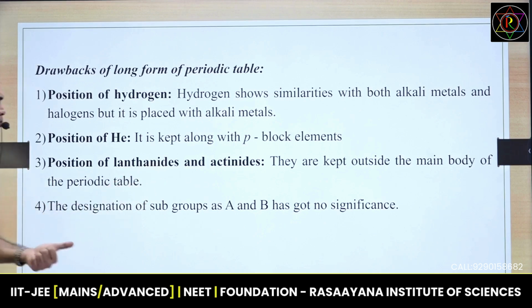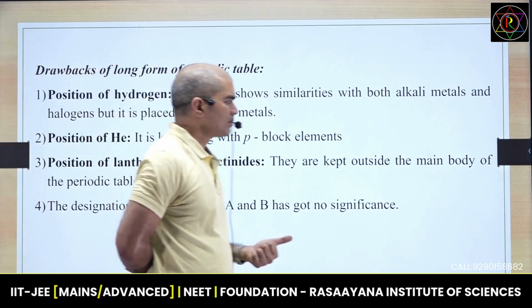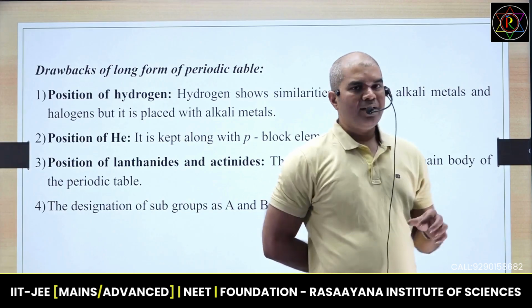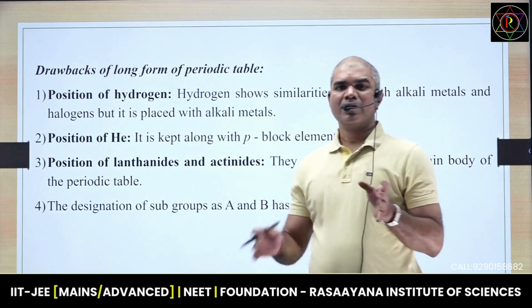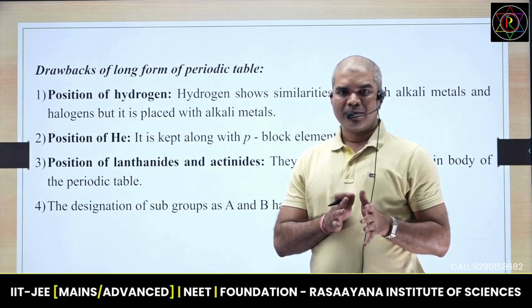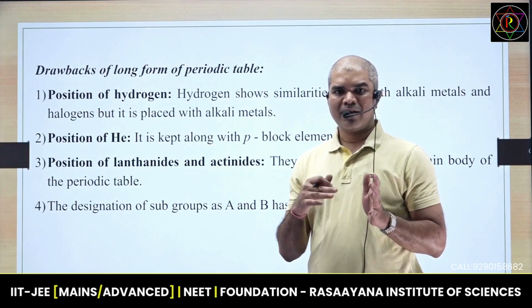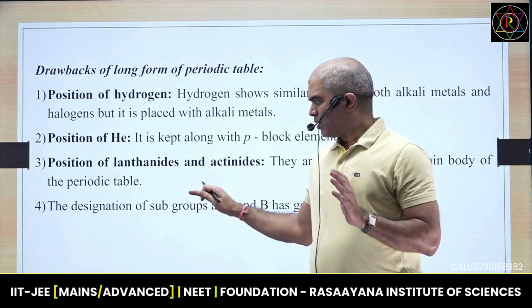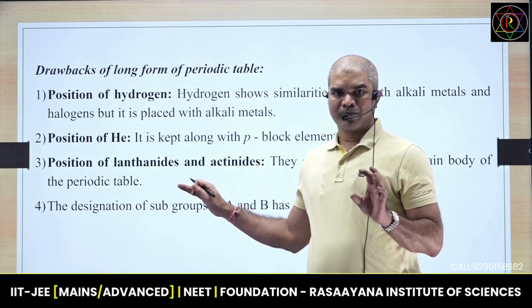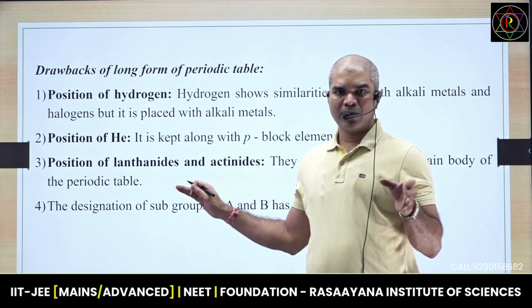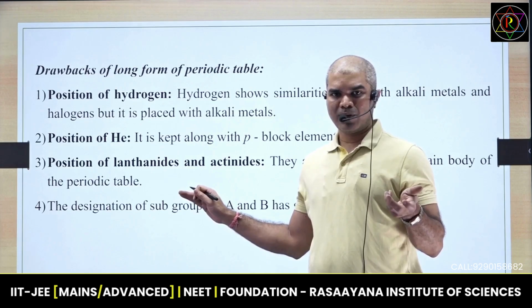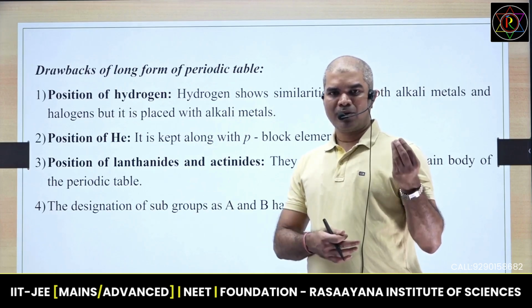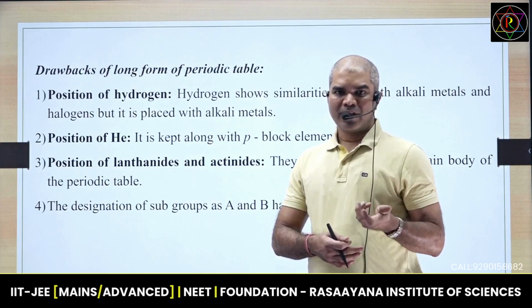These are the 3 important drawbacks. Classifying into A and B type is not exactly a drawback, but it was for convenience. Later we have converted into 1 to 18. 1A and 2A we are still following now. Okay, 1A, 2A or 1B, 2B type of classification we are still following. That was a little bit of a drawback, but we have to study it.